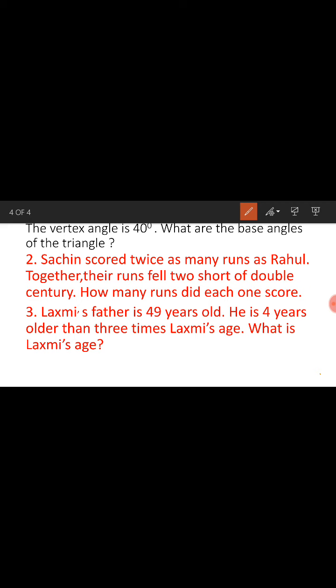Their runs fell 2 short of a double century. Now what is meant by double century? 200. So to reach 200, 2 runs were less. How many runs did each one score? You have to find out how much each one scored. Okay, let's start writing. Let me change the screen.